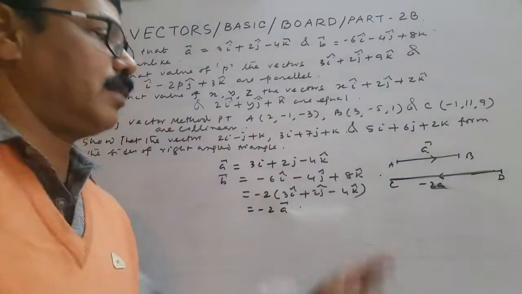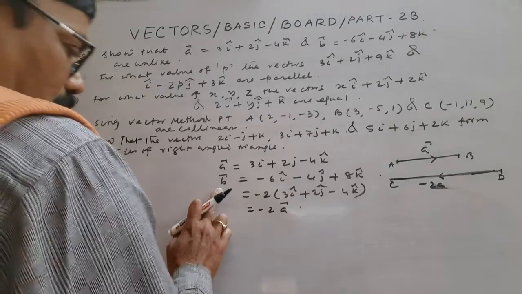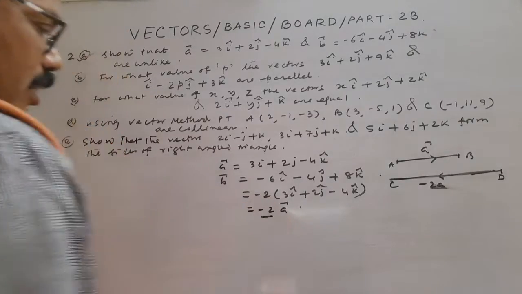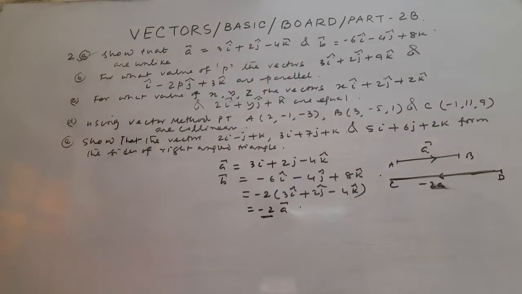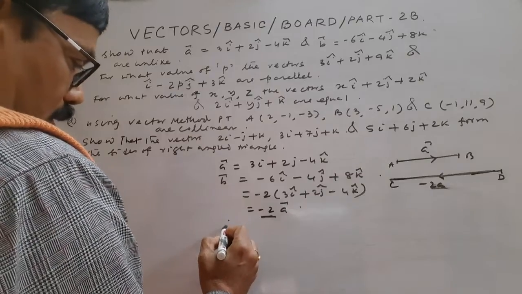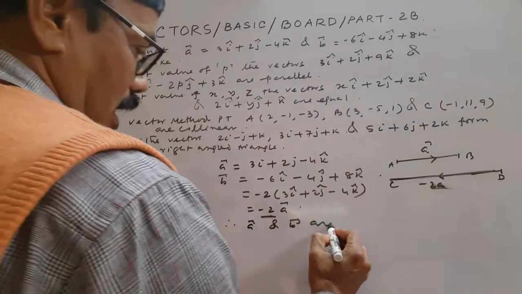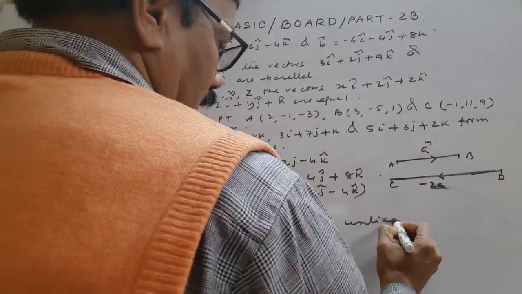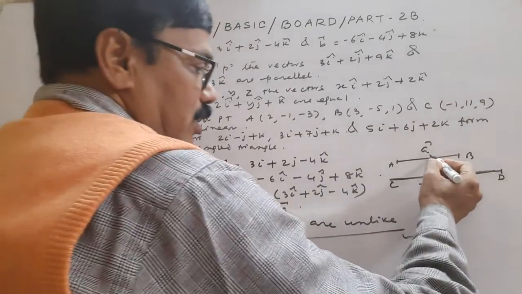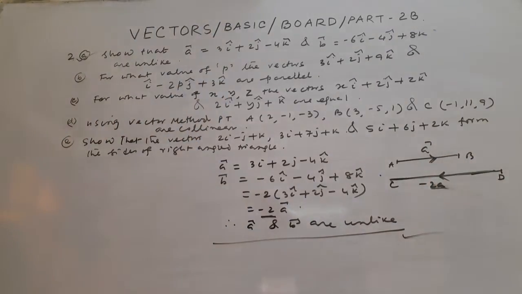So here A and B are unlike. B equals minus 2A. This negative sign indicates that A and B are in opposite direction. Therefore A and B are unlike because their directions are opposite. If it is in this direction, the second one is opposite to it.